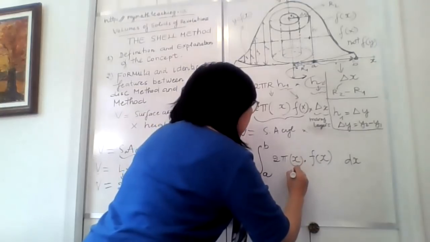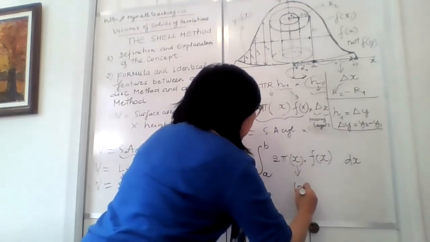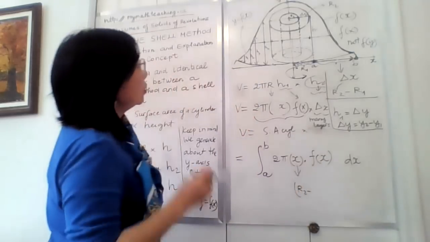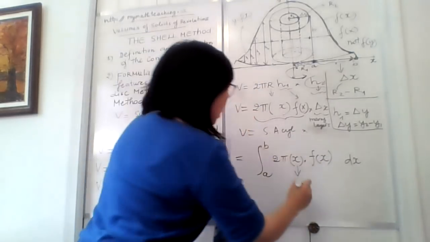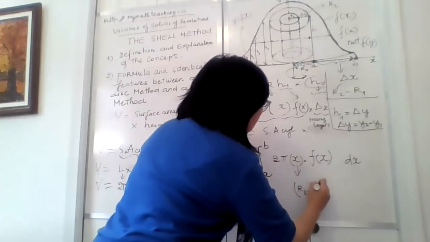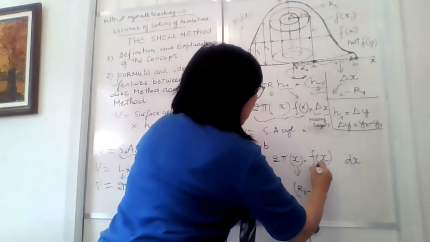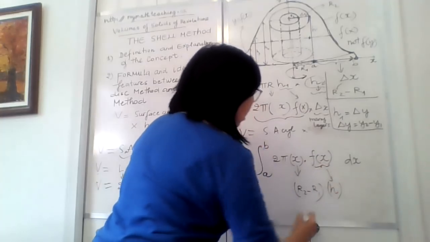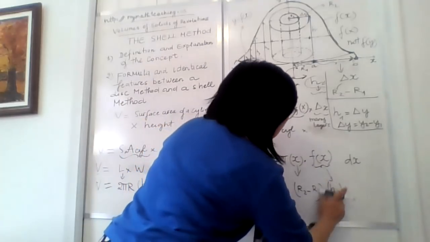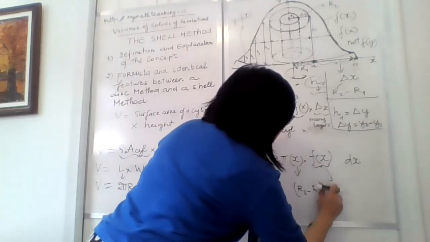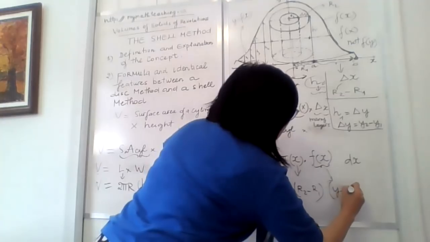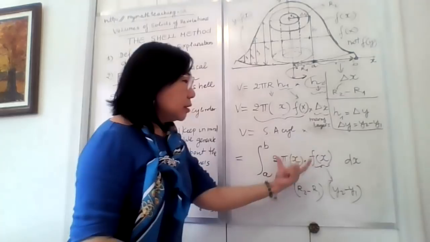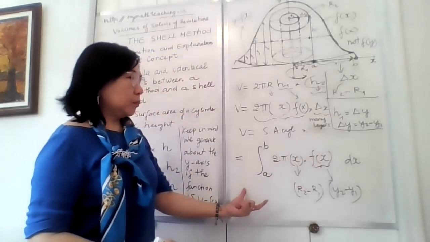Now, keep in mind, this x means R2 minus R1, that is the x. And keep in mind, this f of x here is the height, which means y2 minus y1.